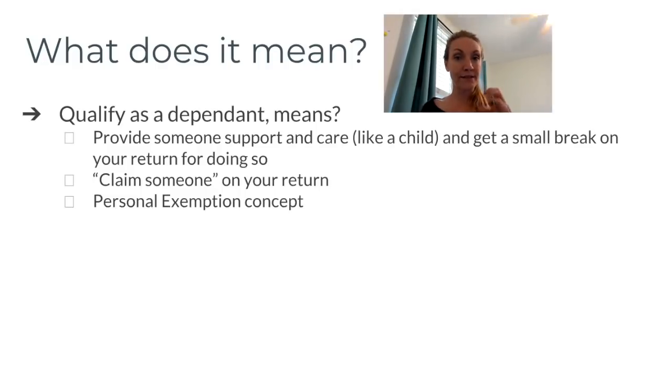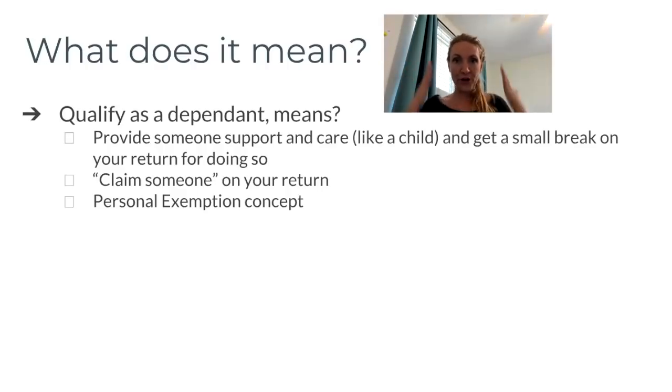And that is a deduction, but it does not give you anything back unless you earned money to deduct from. So if you have zero income, it does nothing for you. It's just a $4,150 deduction if you had income. Last year it was $4,100.